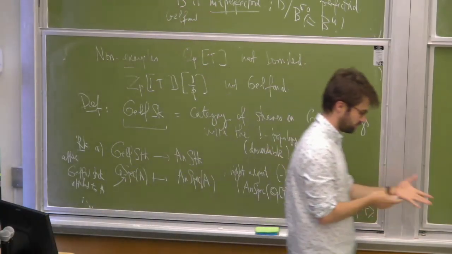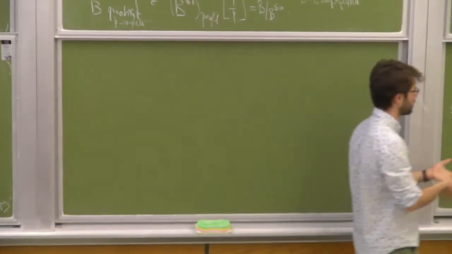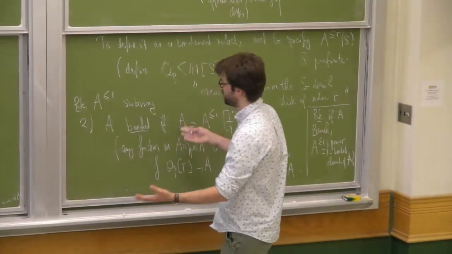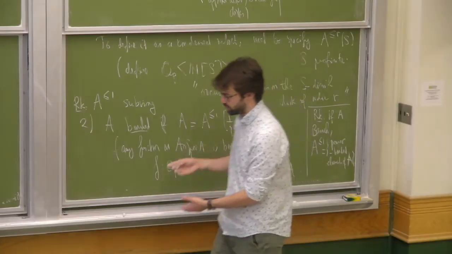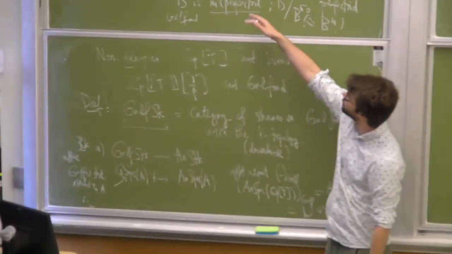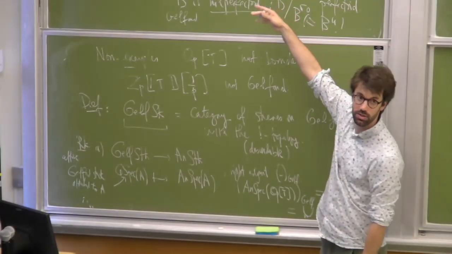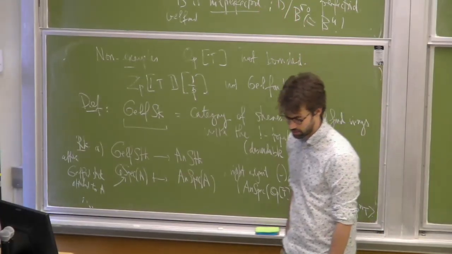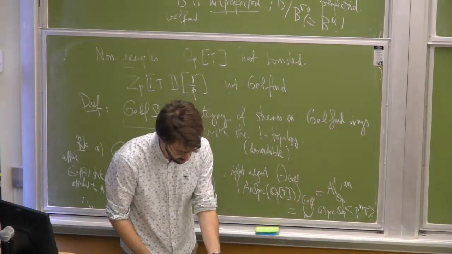We prefer to define them as functors on all Gelfand rings because, for example, that's convenient to see that you can realize these rigid spaces or Berkovich spaces as Gelfand stacks. But we could have just done everything directly with it.